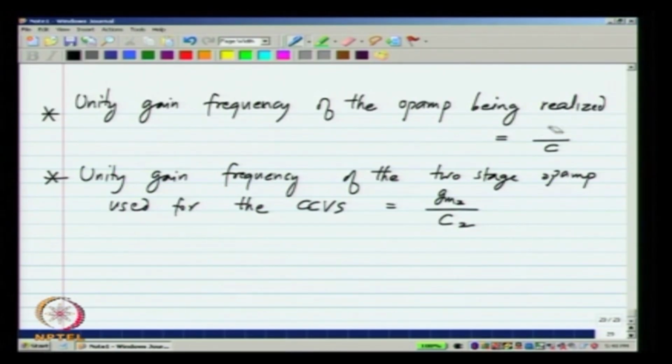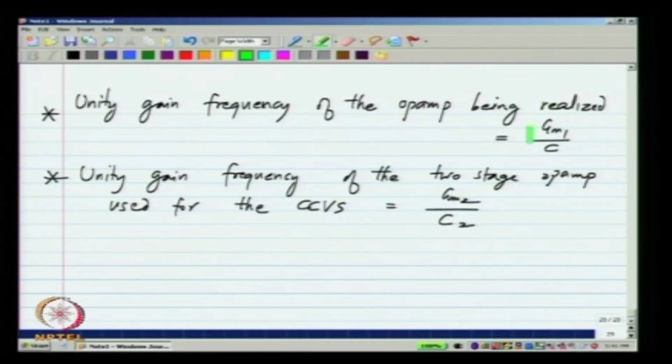Okay. Sorry, I had used uppercase GMs here. This is GM1 by C and GM2 by C2. Now, clearly the current control voltage source has to function as a current control voltage source over a frequency range beyond GM1 by C. Okay. Only then we will get this integrating action, that is transfer function of GM1 by SC from the input to the output. So, this clearly means that GM2 by C2 has to be greater than GM1 by C.